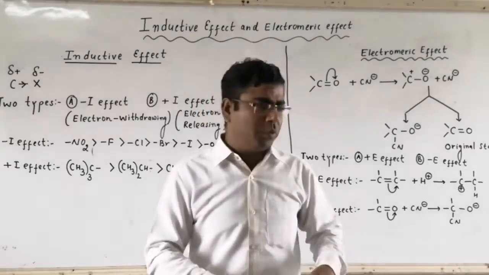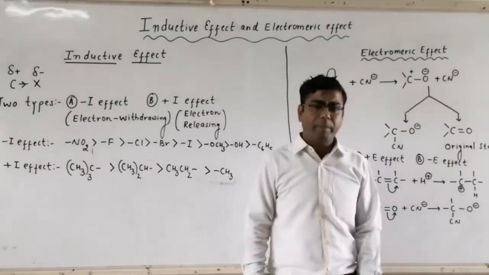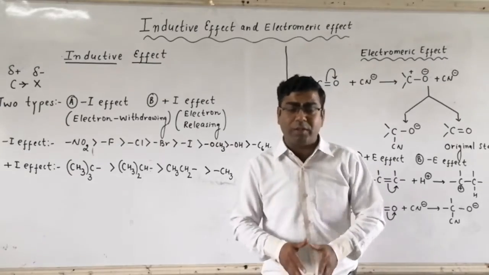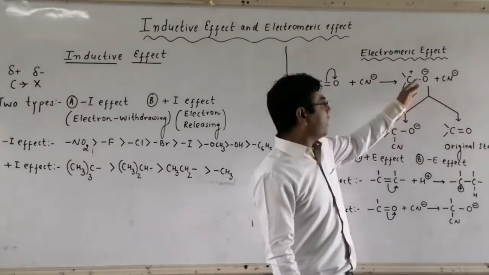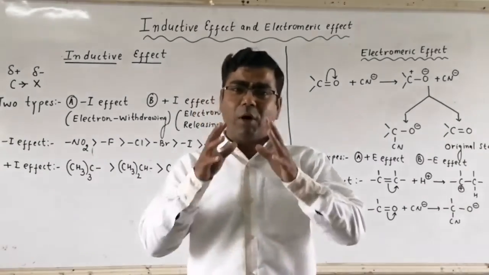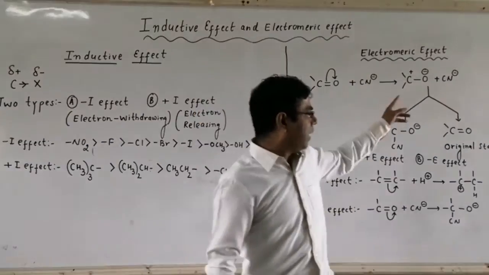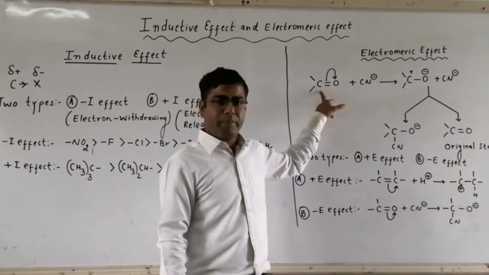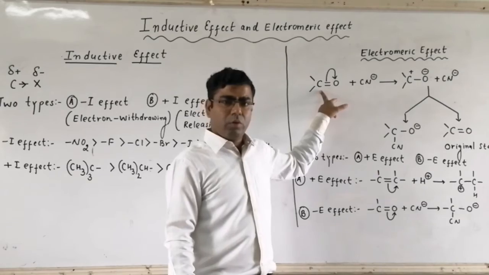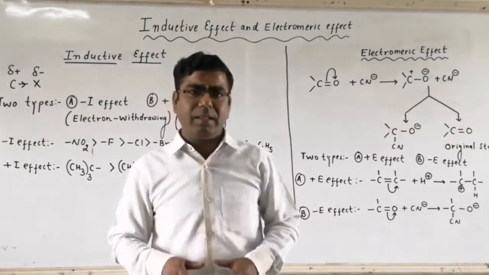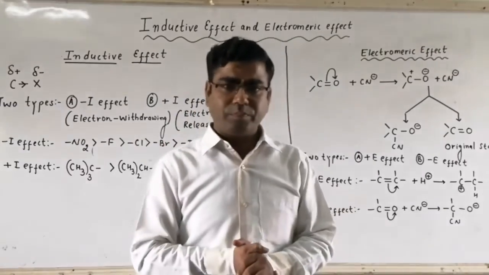So what will happen to this bond, that is C single bond O? The electrons, the pi electrons or double bond electrons which have moved towards the oxygen atom, will come back between carbon and oxygen, and it will gain its original state. So here we can say that it is a temporary effect.